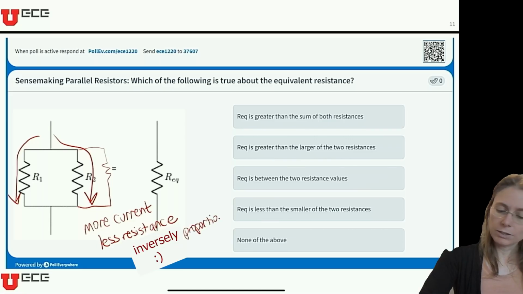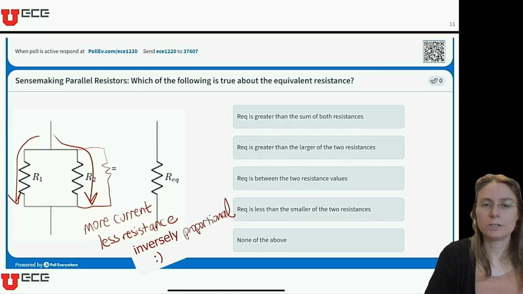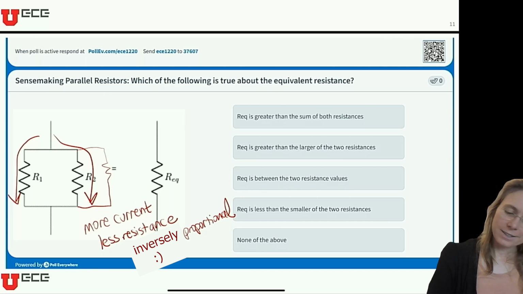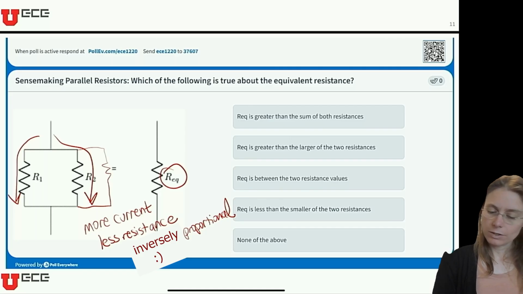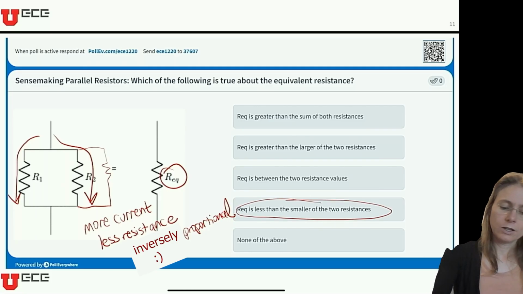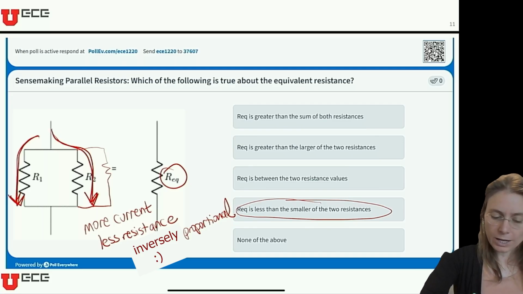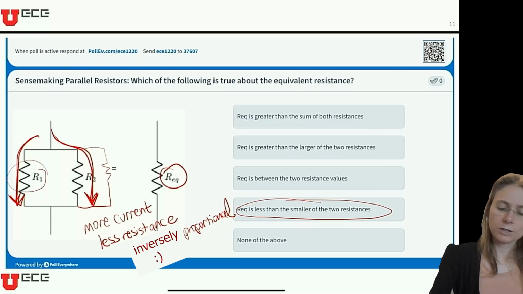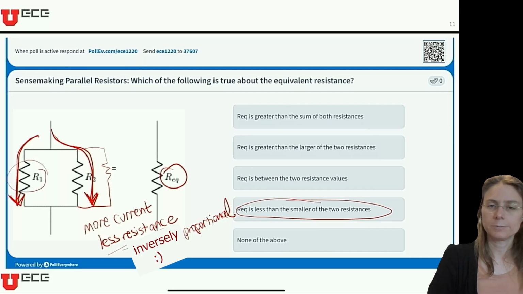And I think I just spelled inversely wrong there. I'm sorry. I am an engineer. Okay, so that means that we expect R equivalent to be less resistance. And it turns out that it's actually less than the smaller of the two resistances, because we have the same current from R1, and then we added another path. So that means that we have even more current than just this one alone, so we have even less resistance.